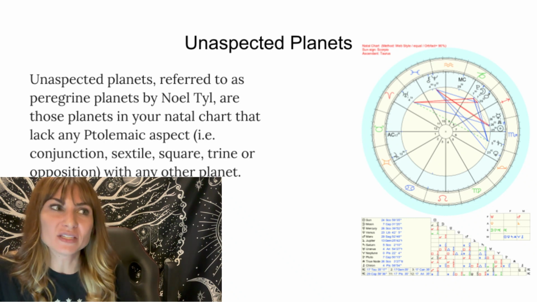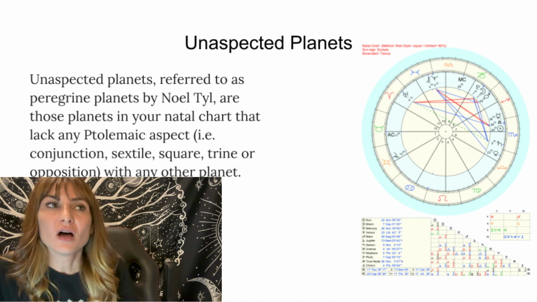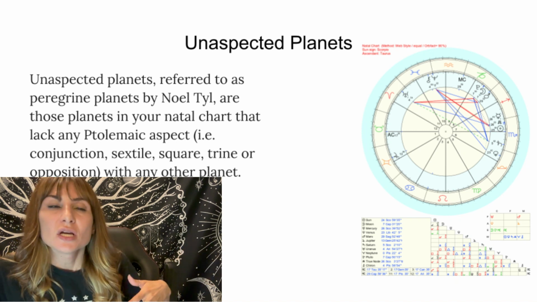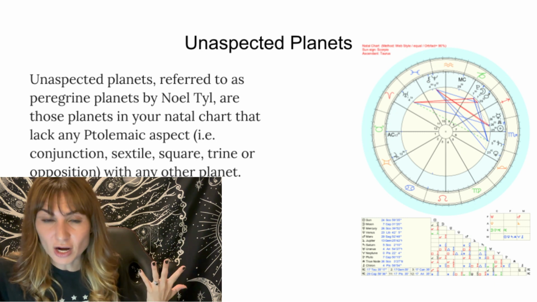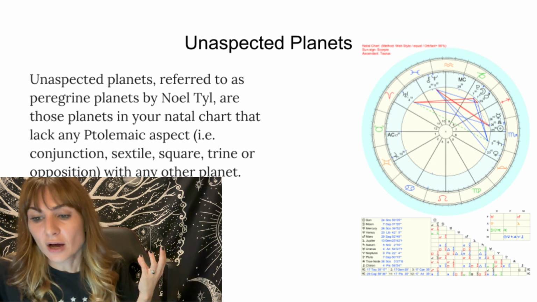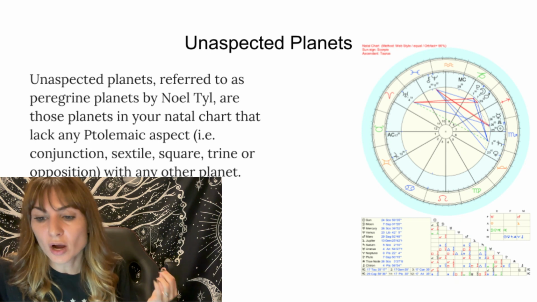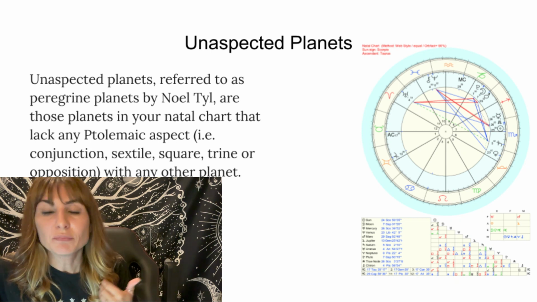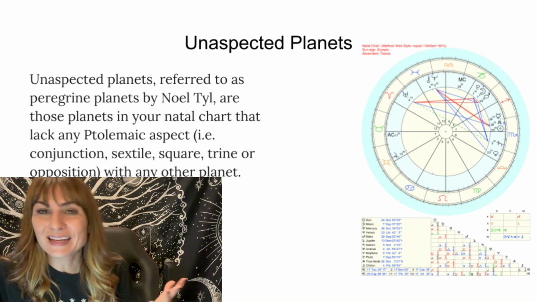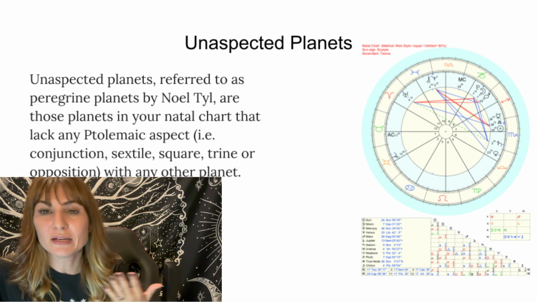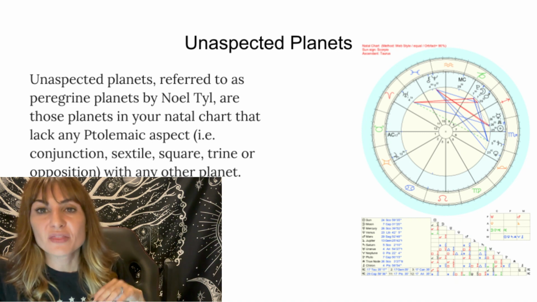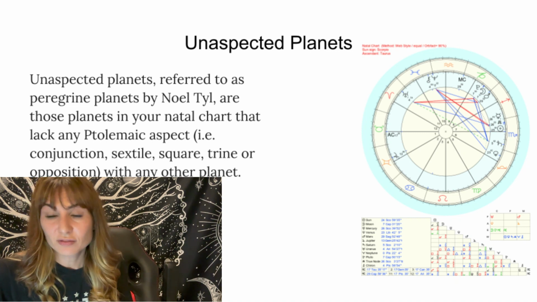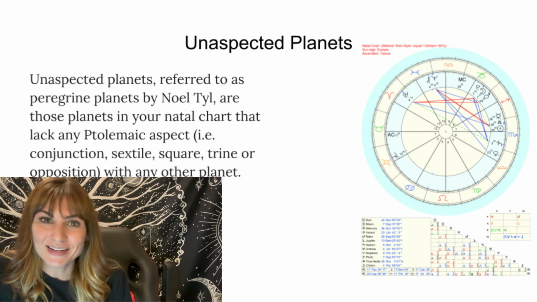Ptolemaic is another word, Ptolemy, you know, the mathematician. That means the same thing, major aspect. Those five major aspects that we talked about: conjunction, sextile, square, trine, or opposition. If a planet is not making any major aspects, those five, it is considered unaspected.